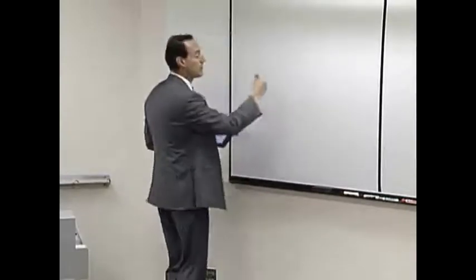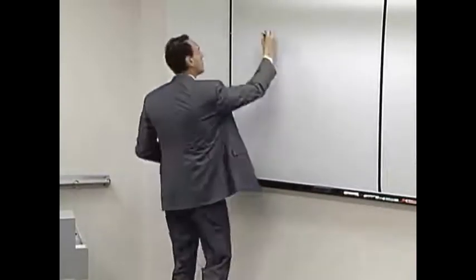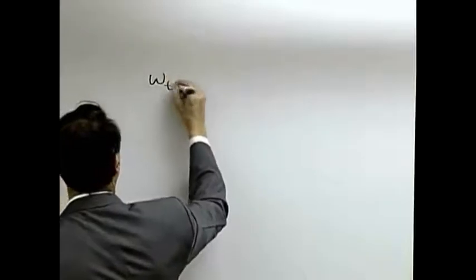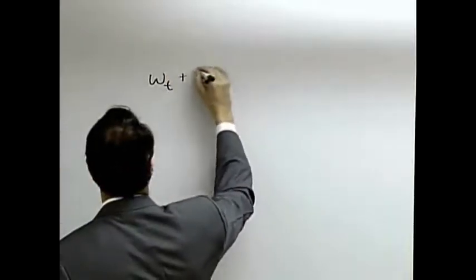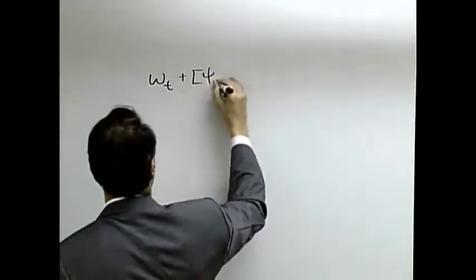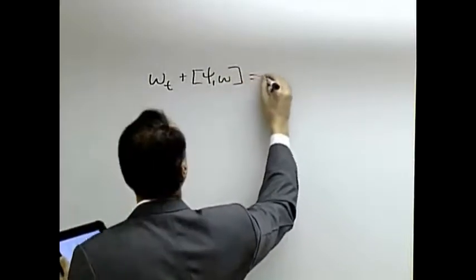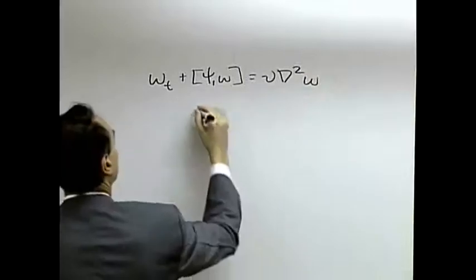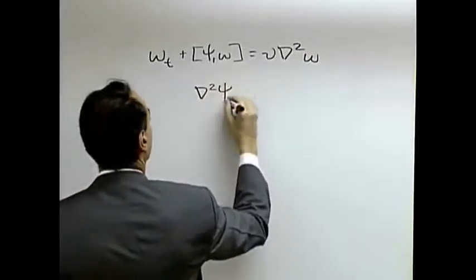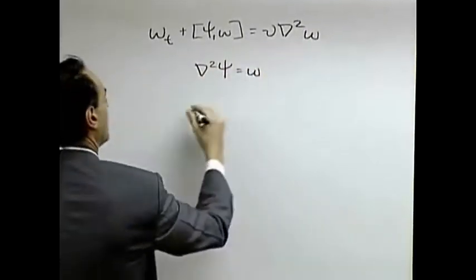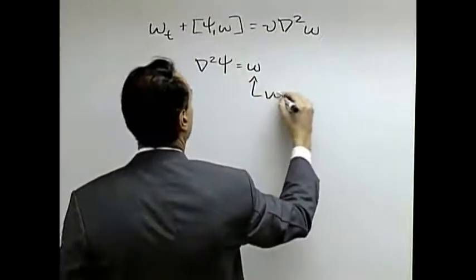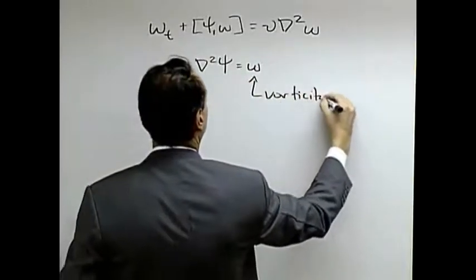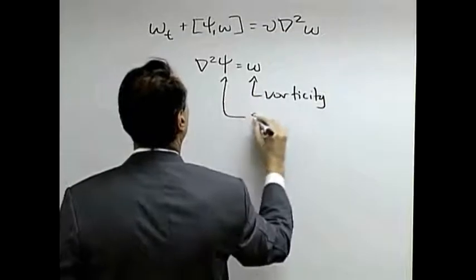Okay. So let's start off with what we derived last time, which was the shallow water equations. And if you remember, we wrote everything in terms of these two variables, which at the beginning you would have never guessed to use. Vorticity and stream function.